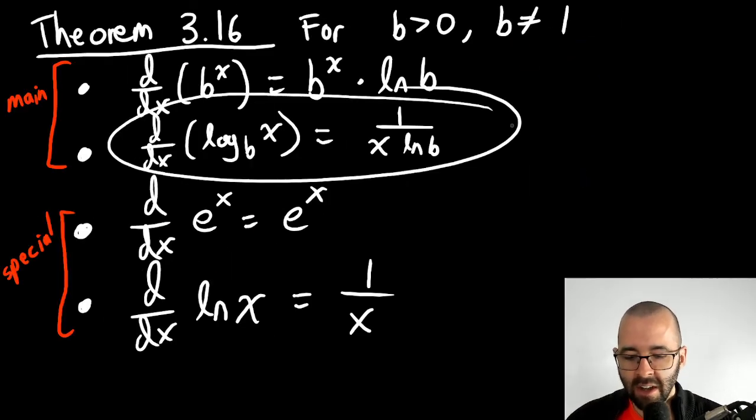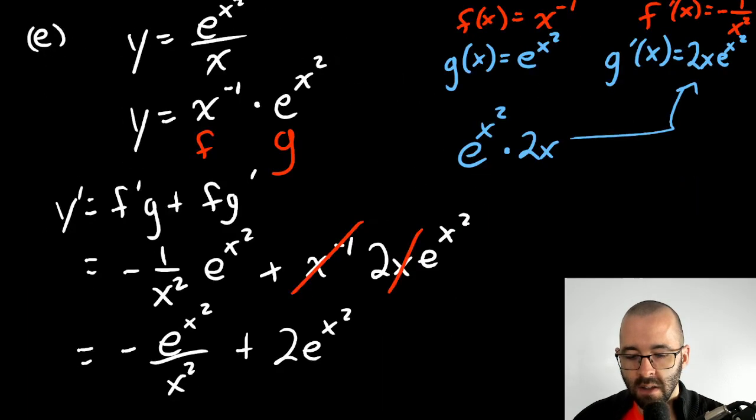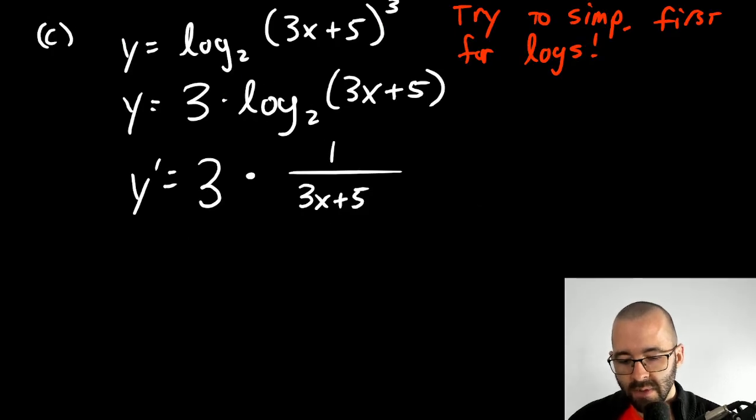The derivative of the log of something is its reciprocal, 1 over that something, in this formula that something is x, also times the natural log of the base. Watch out for that here. So it's the reciprocal of the inside times the natural log of the base.